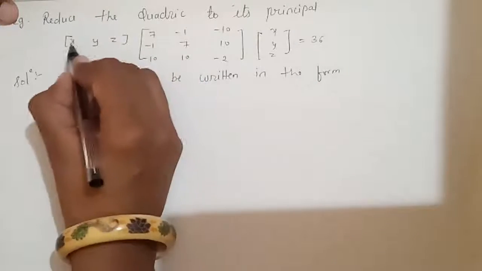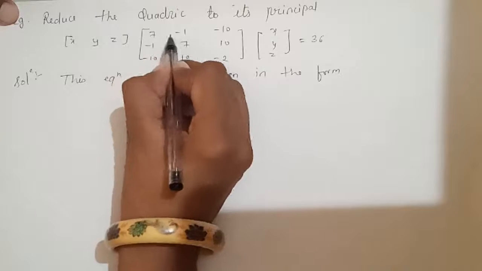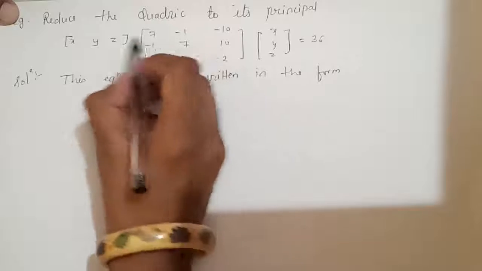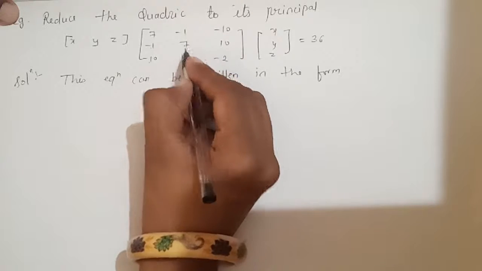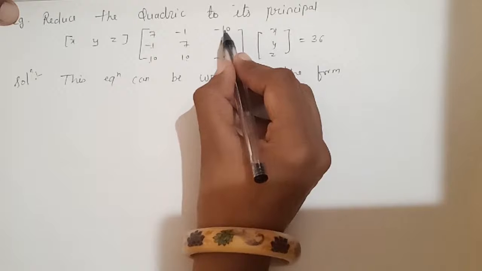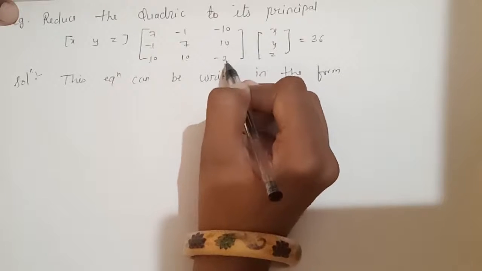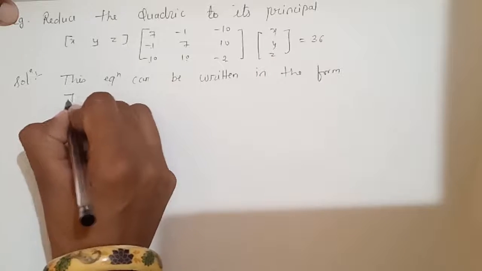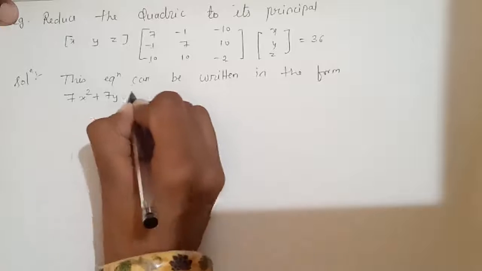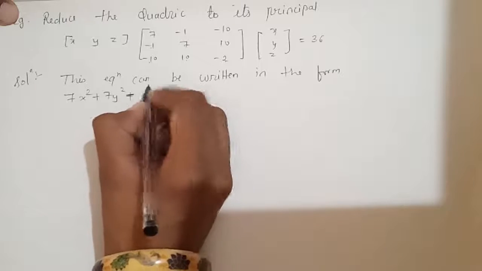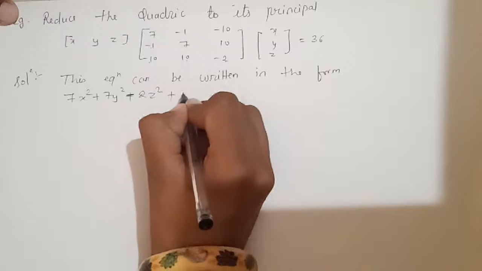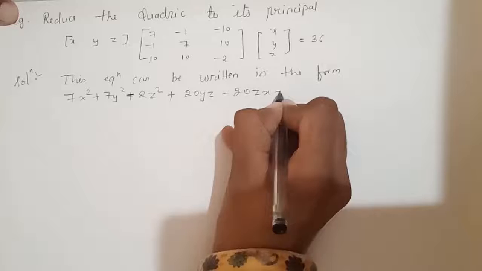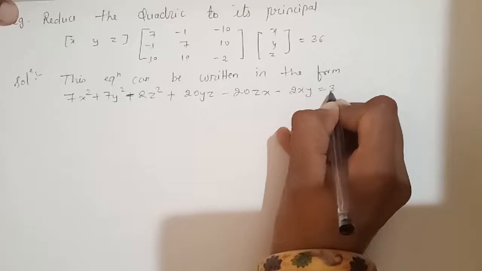If we multiply this, we get 7x minus y minus 10z, then minus x plus 7y plus 10z, then minus 10x plus 10y minus 2z, and further multiplying by this, we get 7x square plus 7y square minus 2z square plus 20yz minus 20zx minus 2xy is equal to 36.